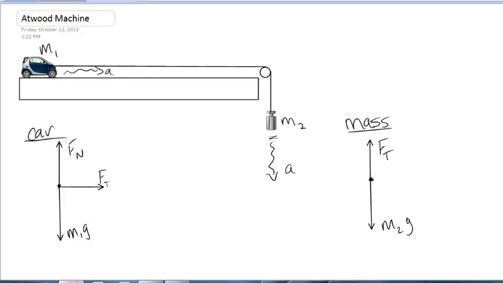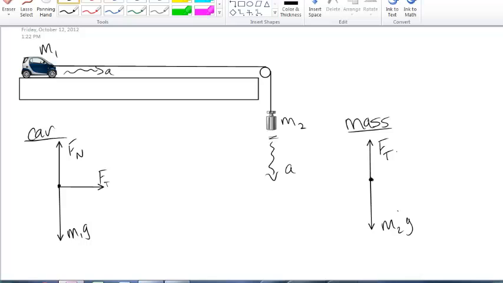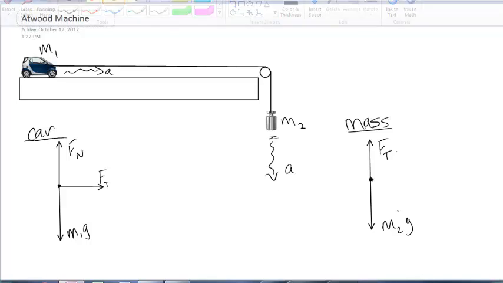Now, in this case, unlike with the car, we do have acceleration in the vertical direction. This is going to fall. There's no two ways about it. It's going to fall, which means in comparing the tension force with the force of gravity down here, we know gravity must be winning. So gravity has to be greater, but we don't know much more than that about the tension force.